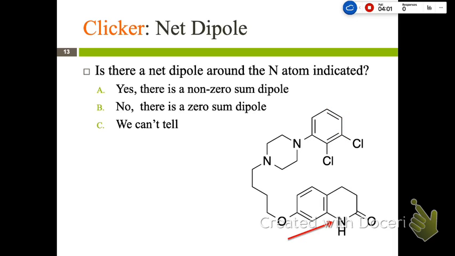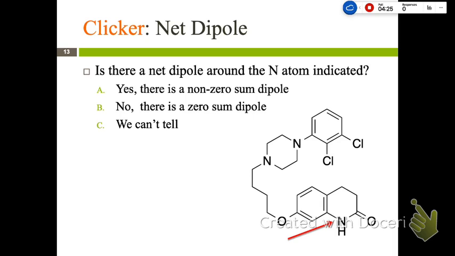If you're not comfortable with line structures, we can follow up after class. This nitrogen: polar, non-polar around that nitrogen center in the molecule. What's missing that's not drawn there?